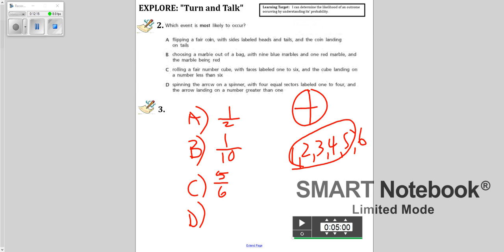So here you go, 1, 2, 3, 4, and landing on a number greater than 1. Well, that would be 2, 3, or 4. So that would be 3 over 4. And it wants to know which one is most likely, so you just look for the biggest number. And 5 out of 6 is the largest fraction on those choices.